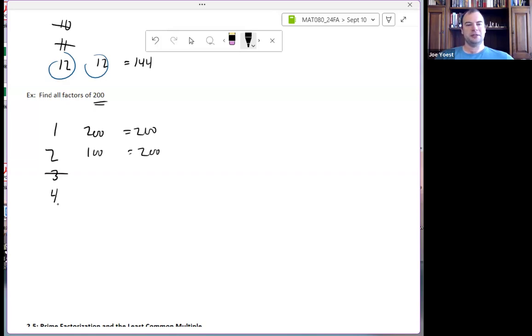What about 4? So if 4 is a factor of 200, then 200 has to be 4 times k. But 4 splits into 2 times 2. Or I could group this as 2 times 2k, if I wanted to regroup it that way. But I know that 200 is 2 times 100.